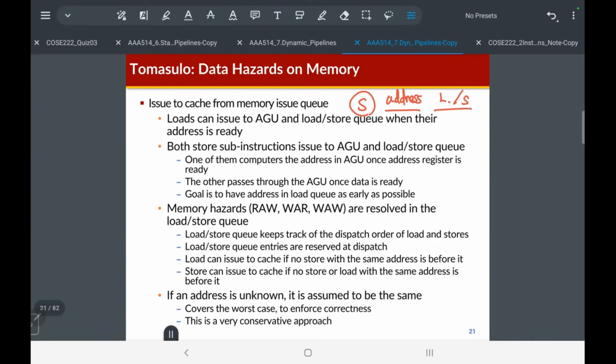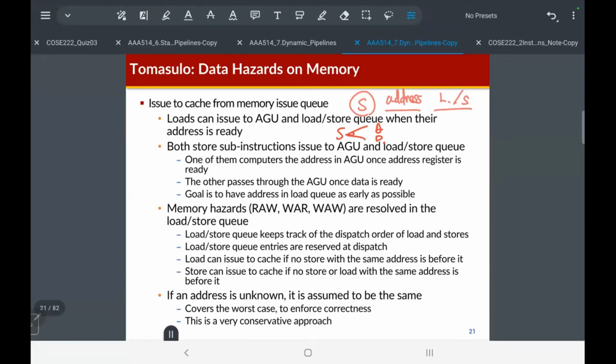I already mentioned that the store instruction is split into two sub-instructions, an address part and a data part. What will happen if we still do not know the store address?